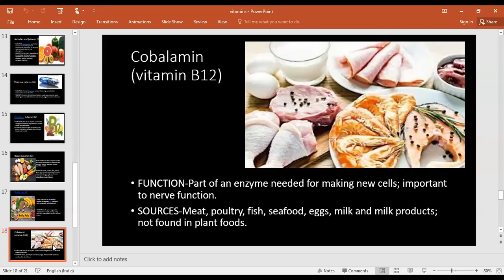All the things in this image are animal based. Nothing is plant based. Yes, Tushar, you can ask. Sir, in B12, beef is not there. Beef comes under the meat.